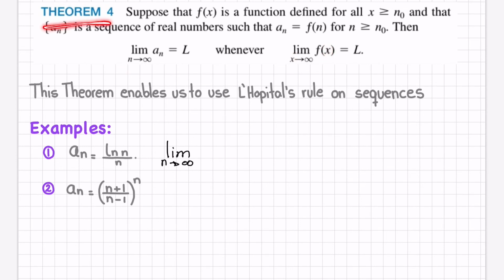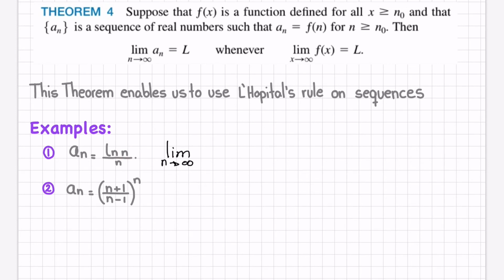But this theorem tells us that we can derive just the same way we did it for x. This is telling me, okay, go ahead and derive this. In the same way, like if the n was an x. That's all that's saying.